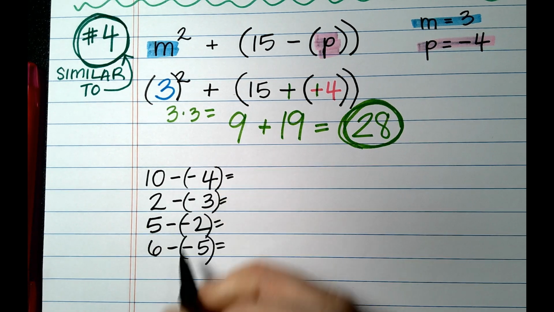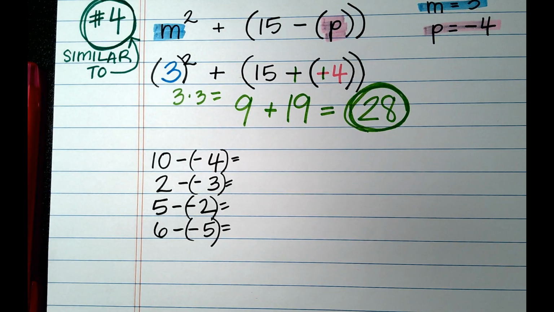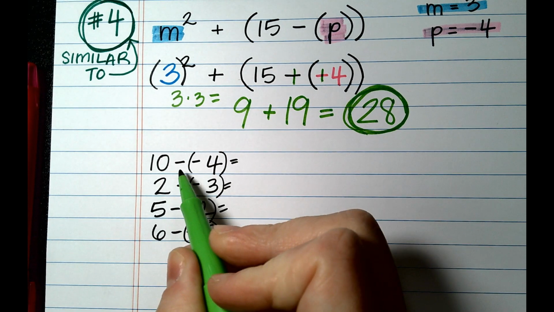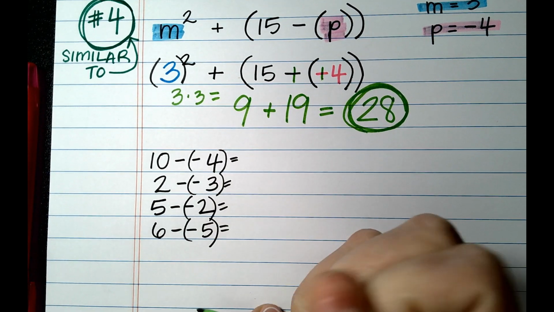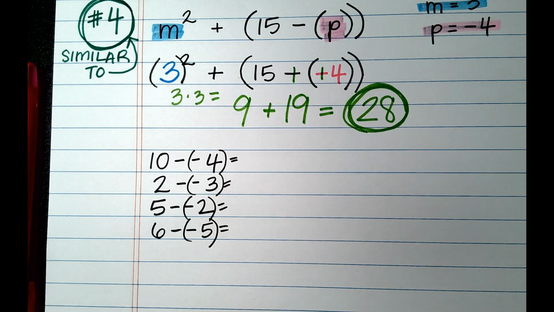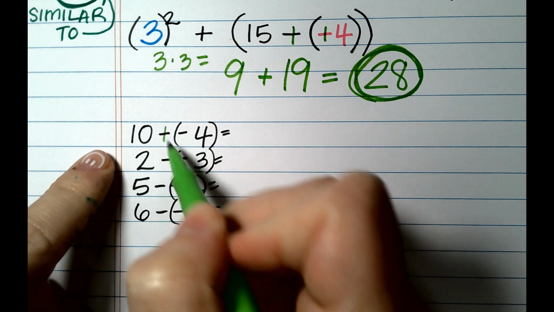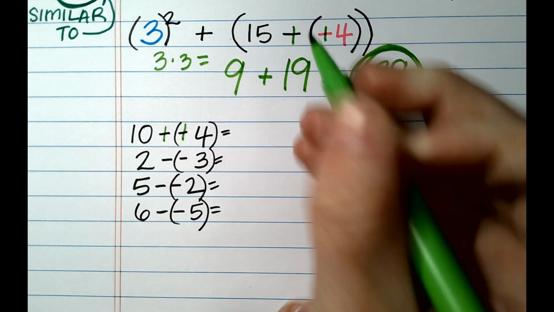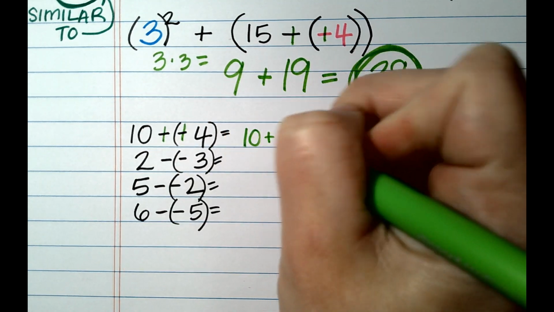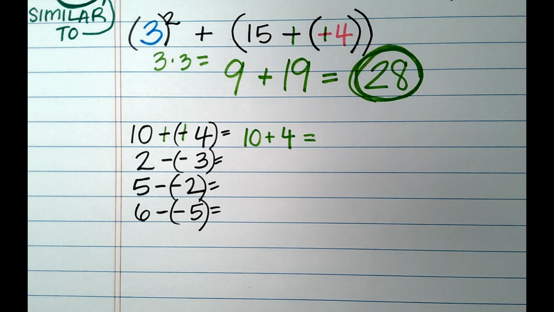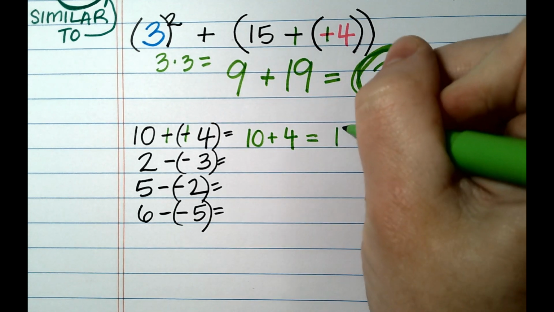These parentheses are just to separate the negative numbers. 10 minus negative 4. What is that the same thing as? Or what would I do to change this to make it easier to solve? Make it a plus. Remember, keep the 10, change the minus, change the negative. This is really just 10 plus 4, which is 14.